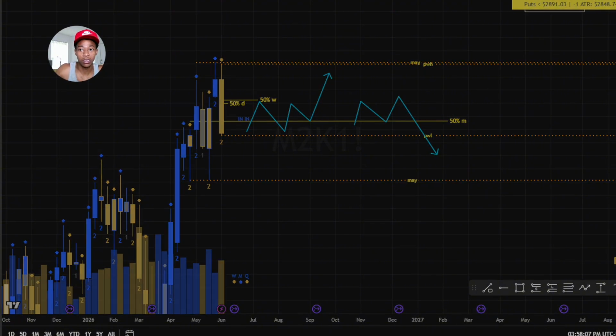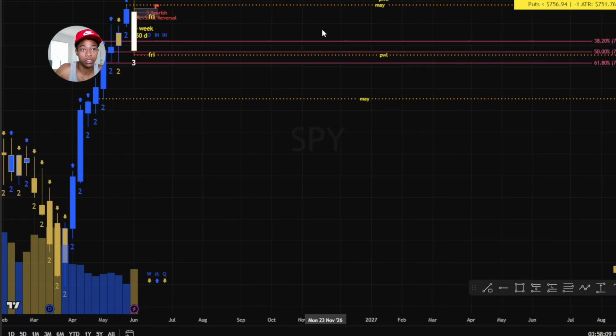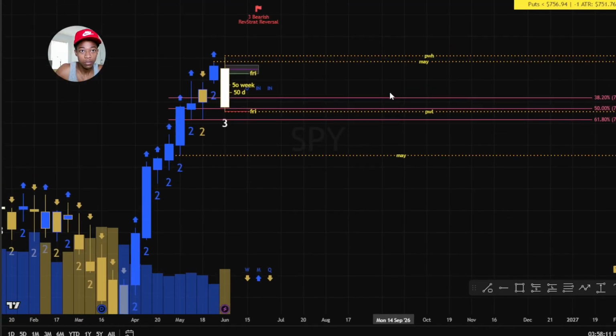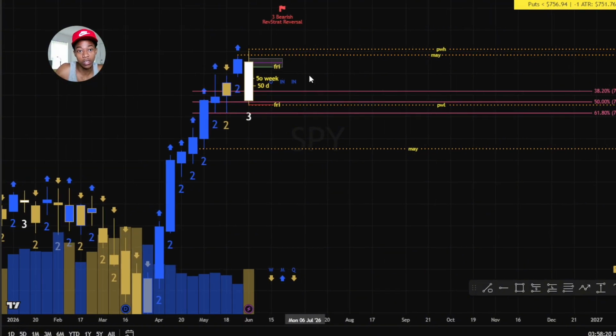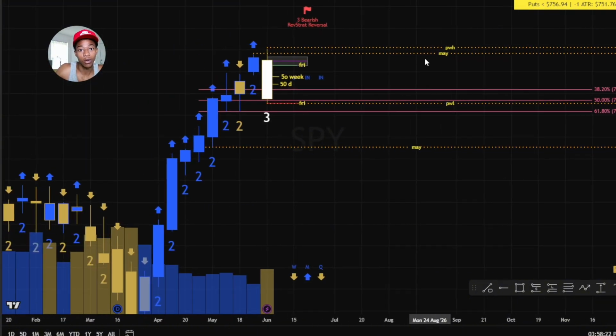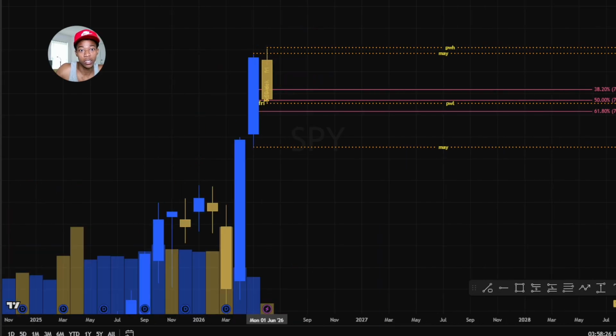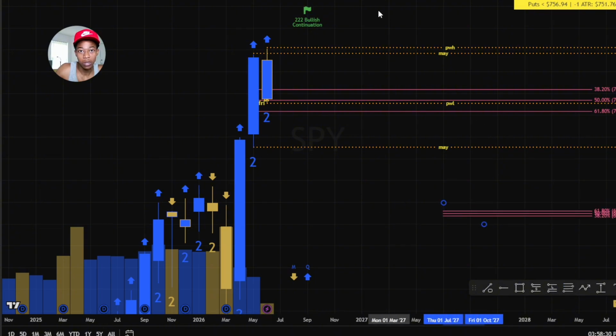Now let's drop down to the stock options. Just like MMS, SPY correlates. So SPY got a 3 down and engulf. So coming into next week, coming into Monday, we want to see how price reacts to the 50% daily level, the 50% weekly level. And then just like MMS, we got the fib drawn up.